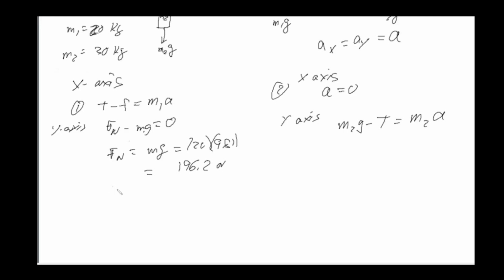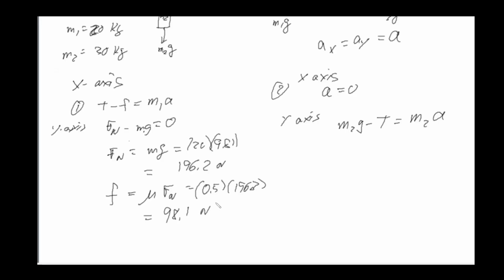We also know that the frictional force is equal to the coefficient of friction times the normal force. So that's equal to 0.5 times 196.2. So our force of friction is 98.1 newtons.